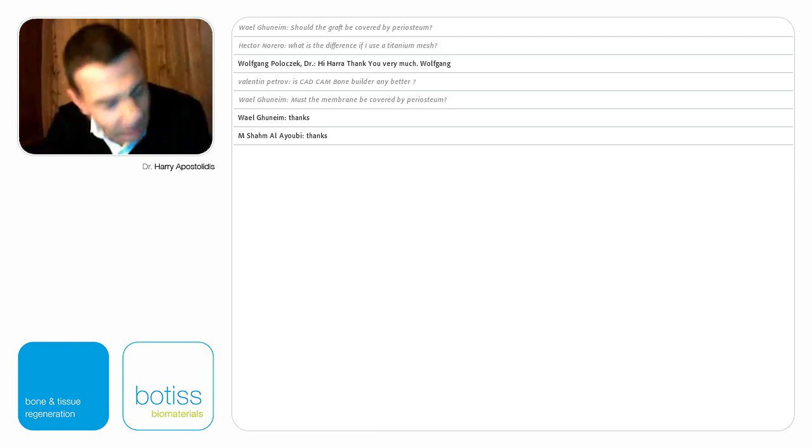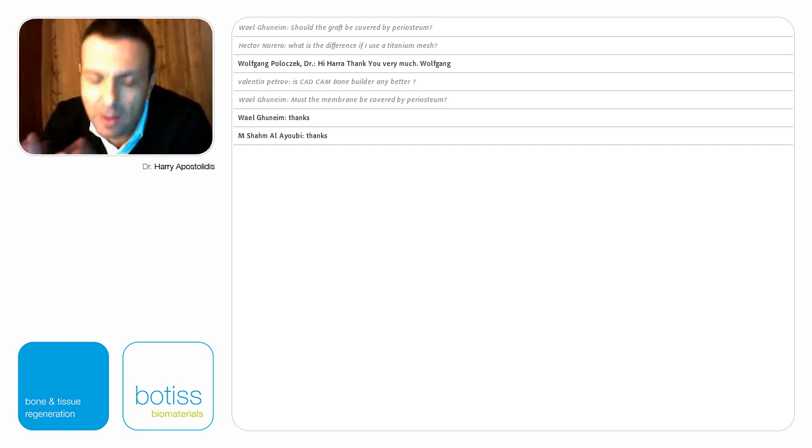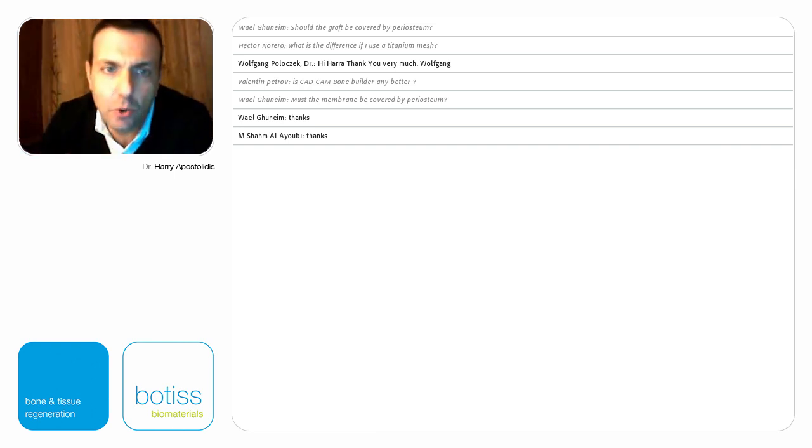Actually, there's not enough long-term data on allogenic bone blocks, and they have elevated complication rates, and they have questionable, if any, osteoinduction. So I don't like using allogenic blocks, and I think that the CAD/CAM Bone Builder is with an allogenic block, so it would not be my choice.